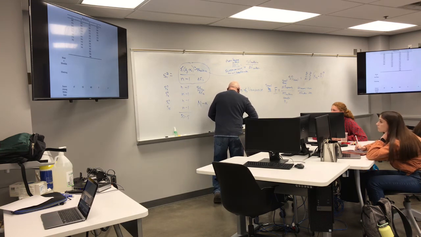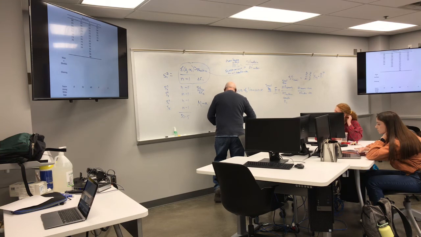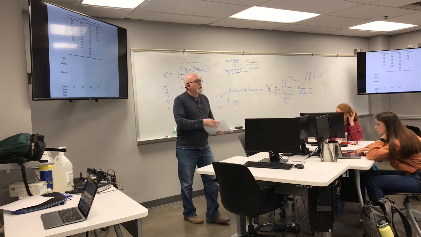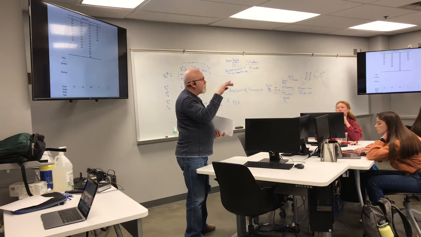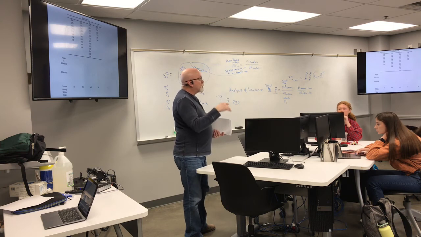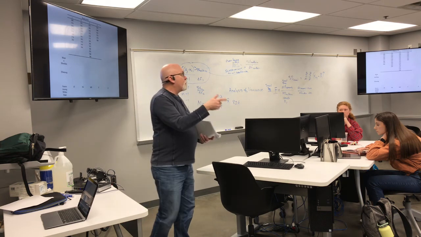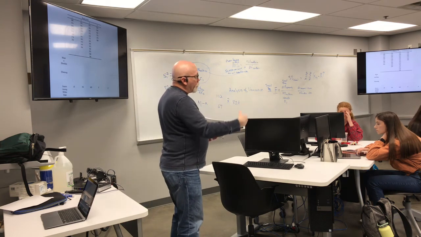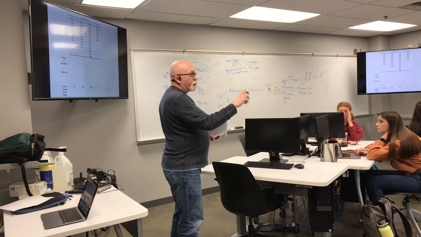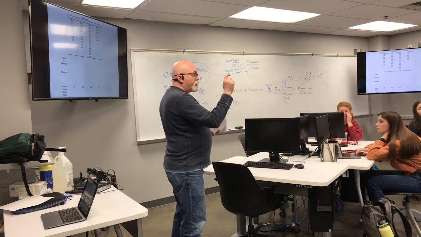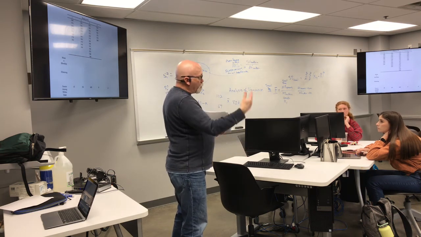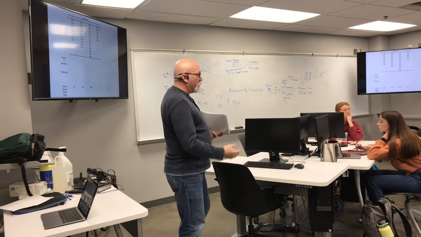Just a couple of notes on how it's graded. One of the reasons it takes a long time to grade these is when you make a mistake in a series of calculations where things that come after are dependent on things that come before, I take what your answer was where you messed up, and then I work through the rest of the problem myself to make sure that mistake doesn't cascade through the rest of your problem.